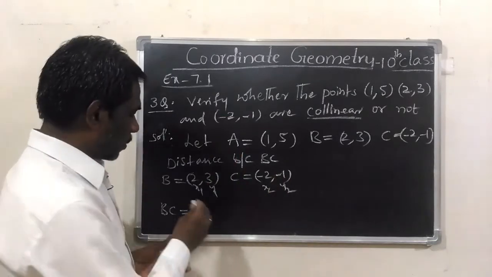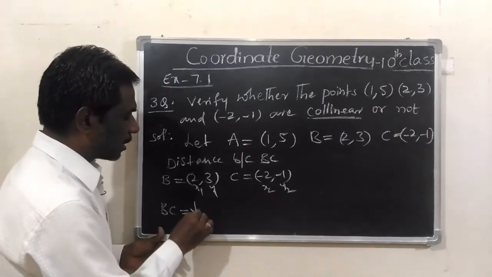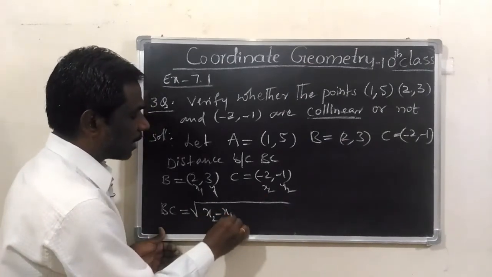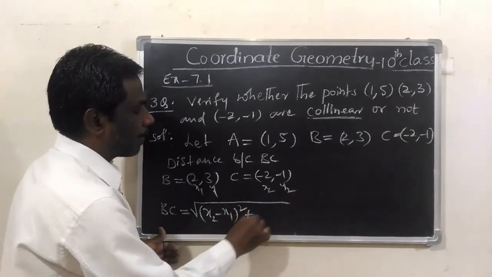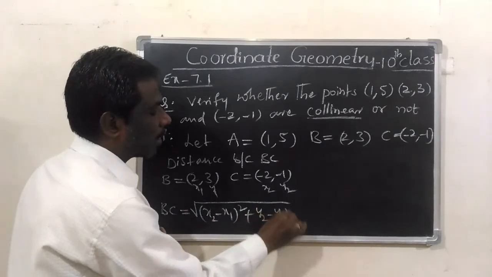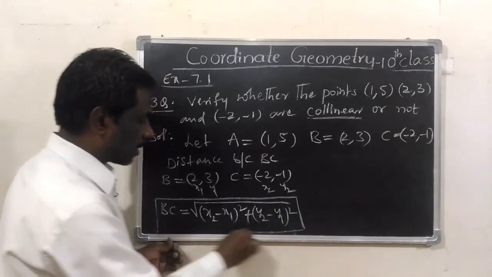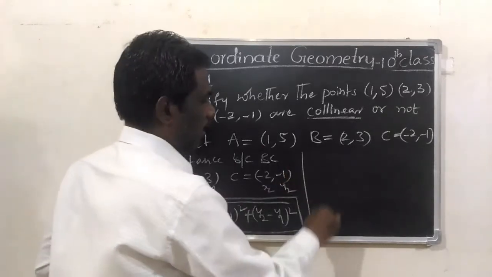Minus 1. So that's why I am using the distance formula: under root of (x2 minus x1) whole square plus (y2 minus y1) whole square. Make this a box. Then substitute.